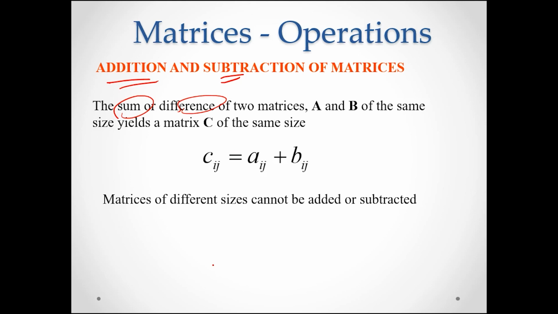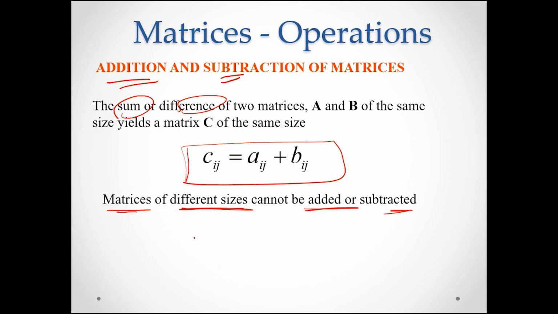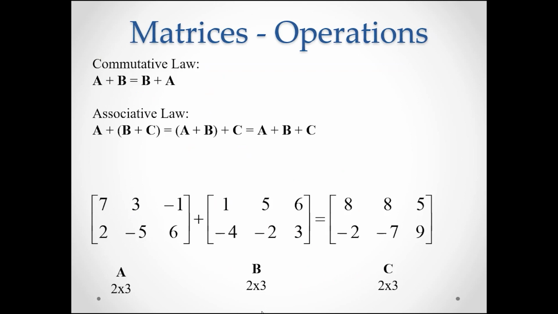So Cij will be equal to Aij plus Bij. Always remember that matrices of different sizes cannot be added or subtracted. A 2 cross 2 matrix cannot be added to a 3 cross 3, or 2 cross 1 to 1 cross 2. The order has to be the same and the corresponding elements are added accordingly.